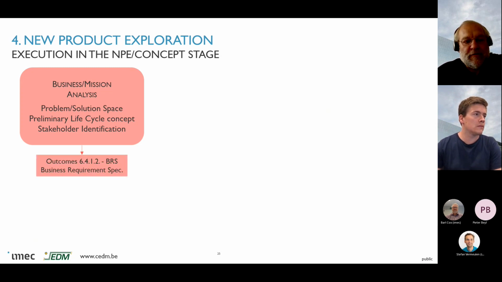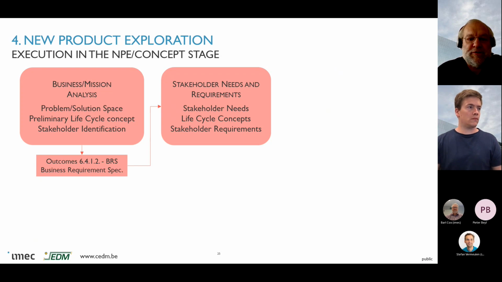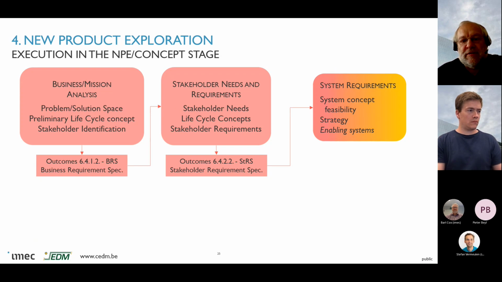This results in a list of outcomes and the business requirement specifications, which form the input for the stakeholder needs and requirements definition process, where we further develop and define the stakeholder needs, the lifecycle concept and the requirements, and document that in a stakeholder requirements specification.